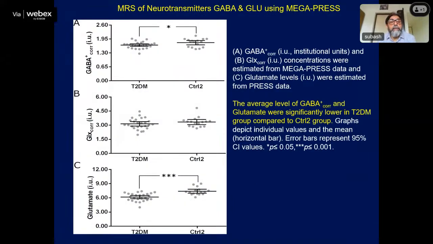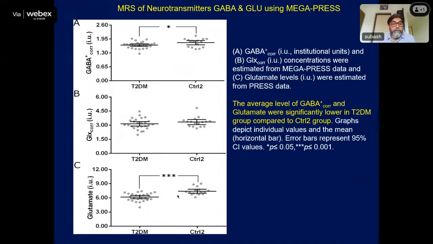Here we are showing GABA MEGA-PRESS in a healthy subject and a type 2 diabetes patient. You can see how GABA is lowered in the diabetic patients compared to healthy controls. You can see the spread of these GABA values in the diabetic patients and in the healthy controls.